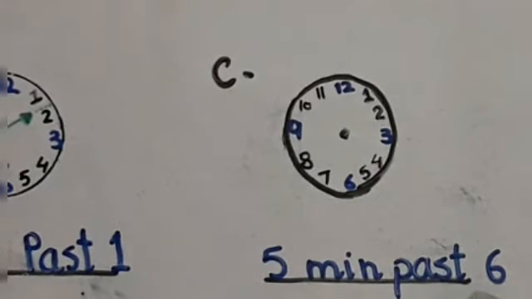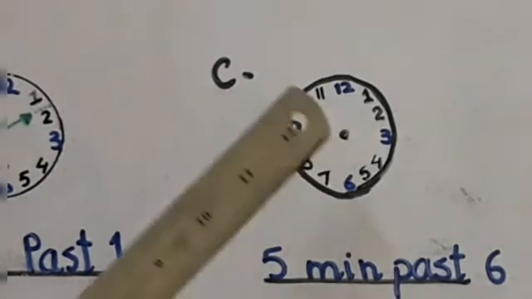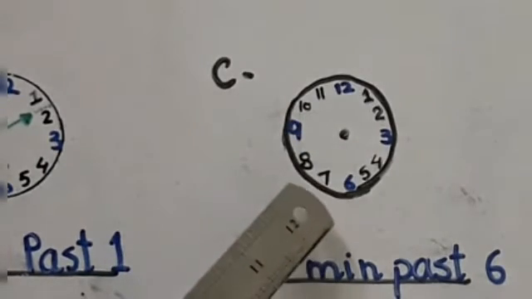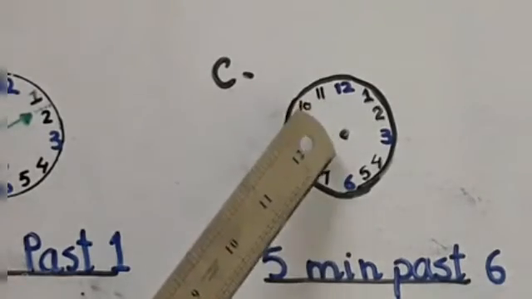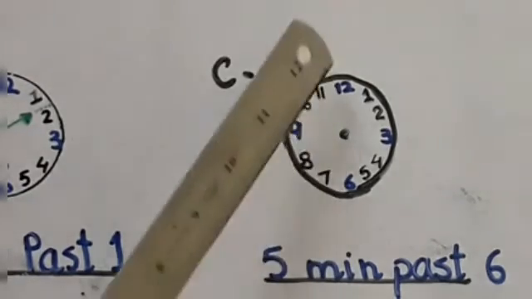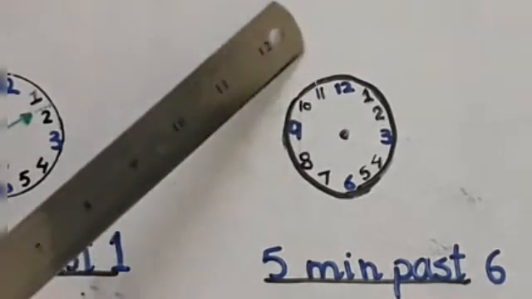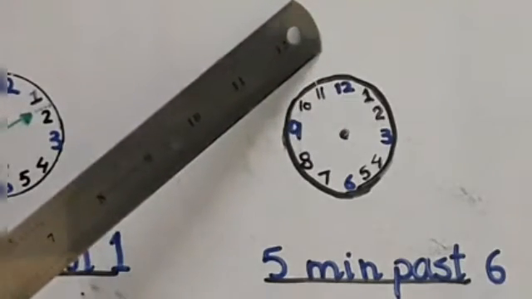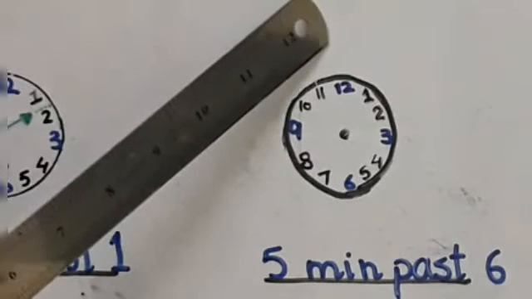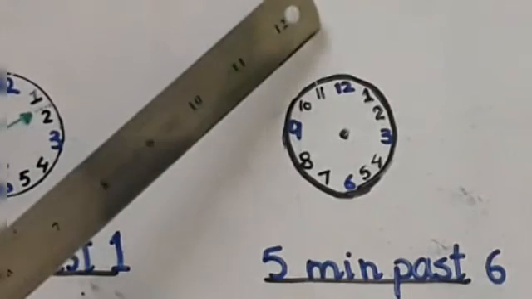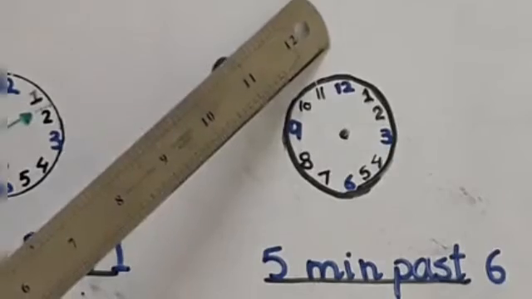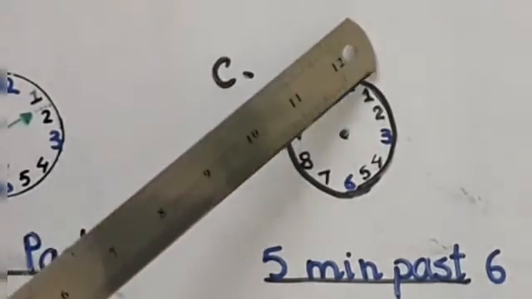Means after 6 o'clock, 5 minutes have passed. First of all, as you know, when the time is 6 o'clock, our hour hand is on 6 and our minute hand is on 12. But because only 5 minutes have passed after 6, we will follow the table of 5. So 5 times 1 is 5.